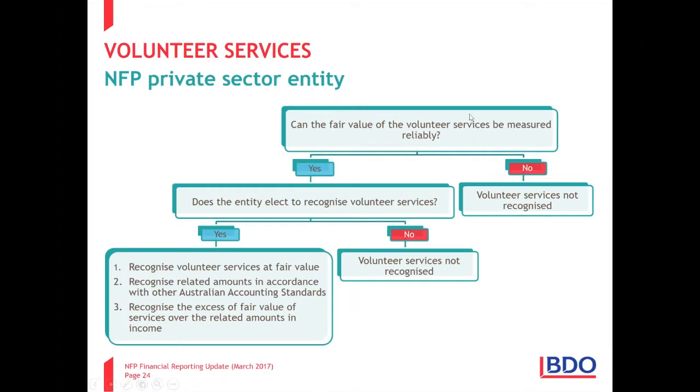But I think it's something to at least consider and take back to your boards, whether they want to go down that route. But as a minimum, you'll have to disclose your accounting policy choice going forward.